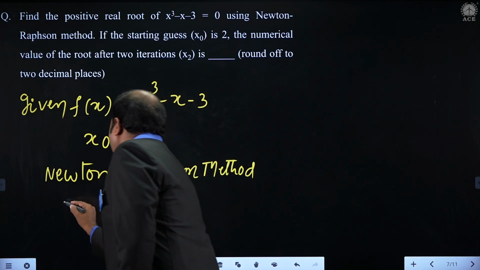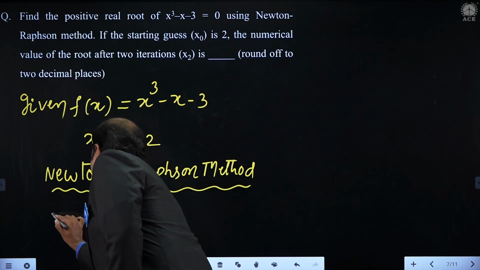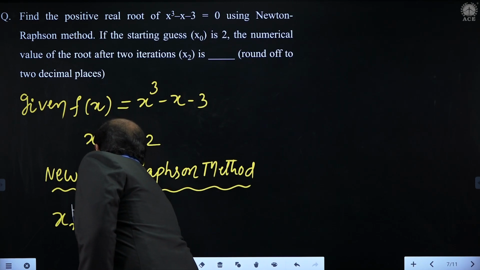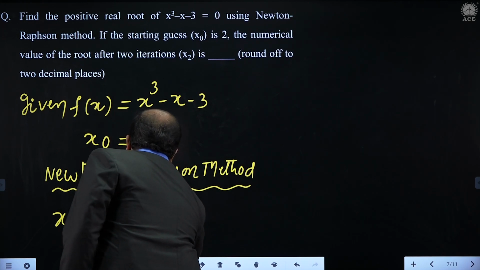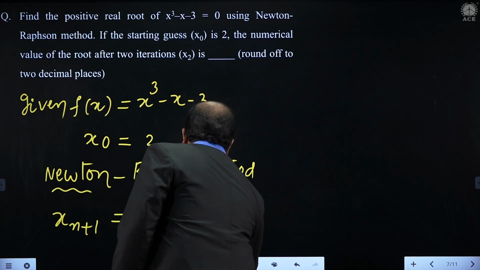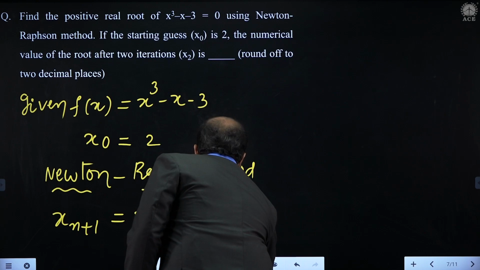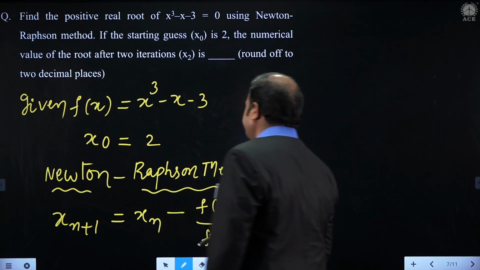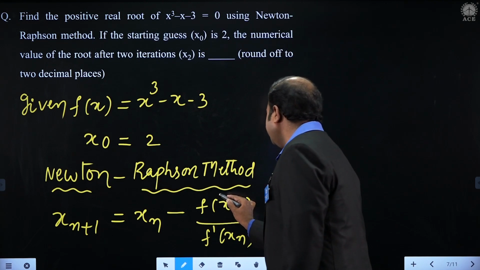The formula is x(n+1) equal to xn minus f of xn by f dash of xn. This is the formula. Here n equal 0, 1, 2 and so on.